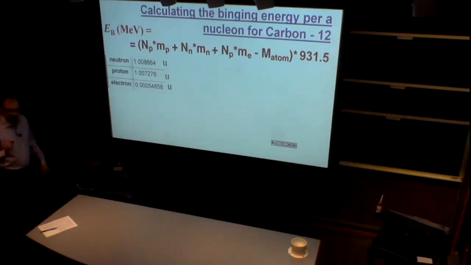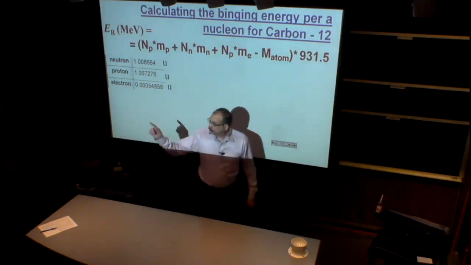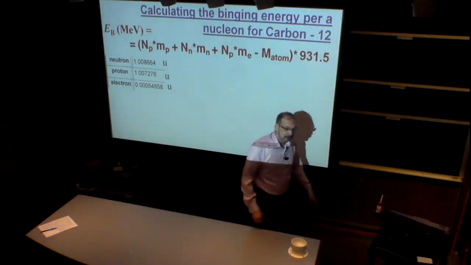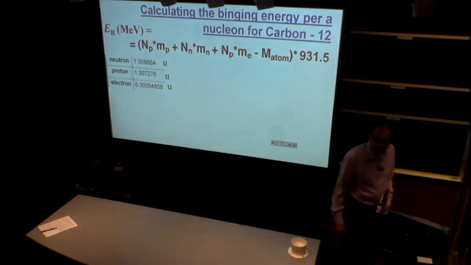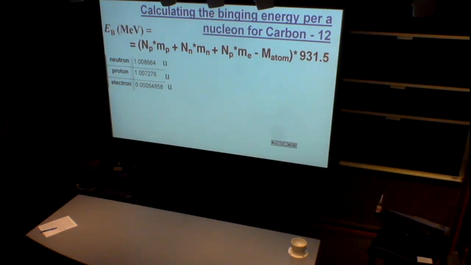So carbon-12, the stable isotope, how many protons does it have? You should look it up. Hydrogen, helium, lithium, beryllium, boron, carbon. 6.